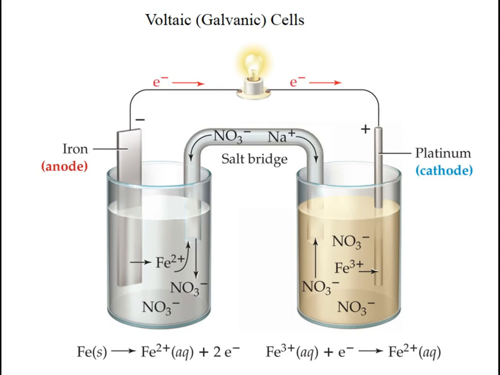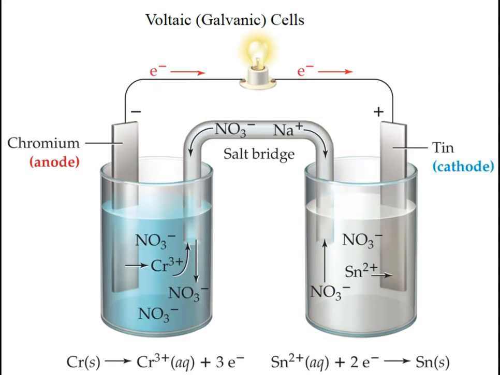And so sometimes we do use platinum when there is not a solid metal involved in either half reaction. And so you see platinum as a cathode or an anode for aqueous reactants forming aqueous products, or when you have a gas that is either reacting as a reactant or forming as a product, like hydrogen gas. We'll see that for the standard hydrogen electrode.